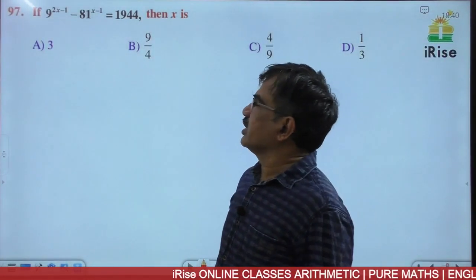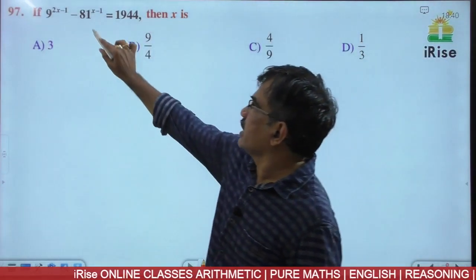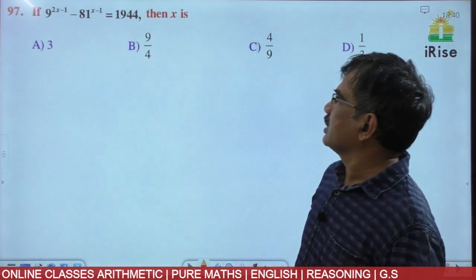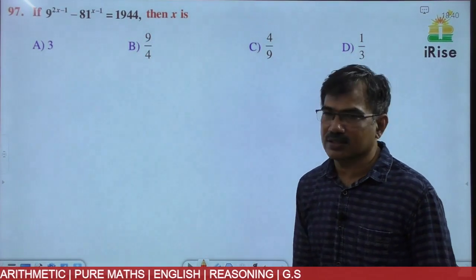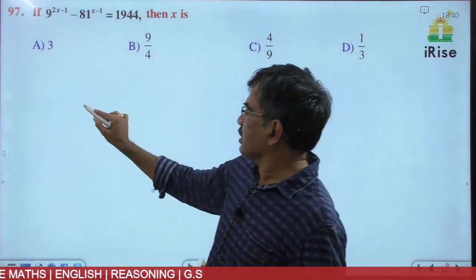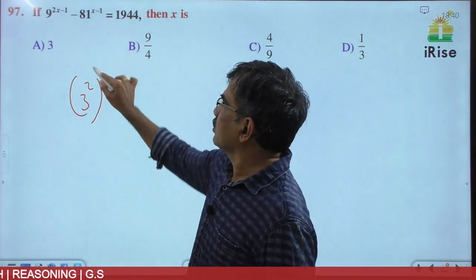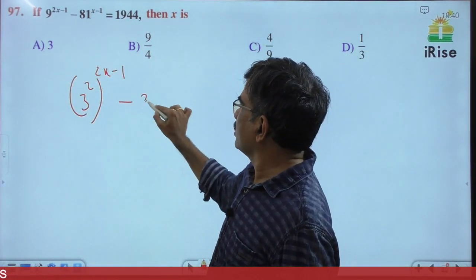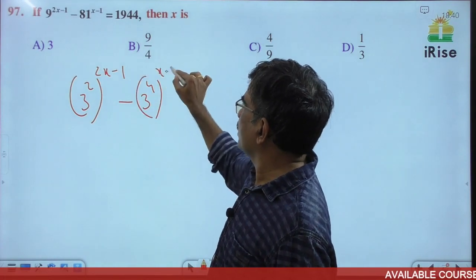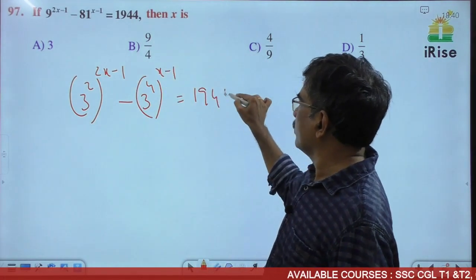9 power 2x minus 1 minus 81 power x minus 1 is 1944. What is the value of x? Here 9 can be written as 3 square, so 3 power 2 into 2x minus 1, minus 3 power 4 into x minus 1, is equal to 1944.